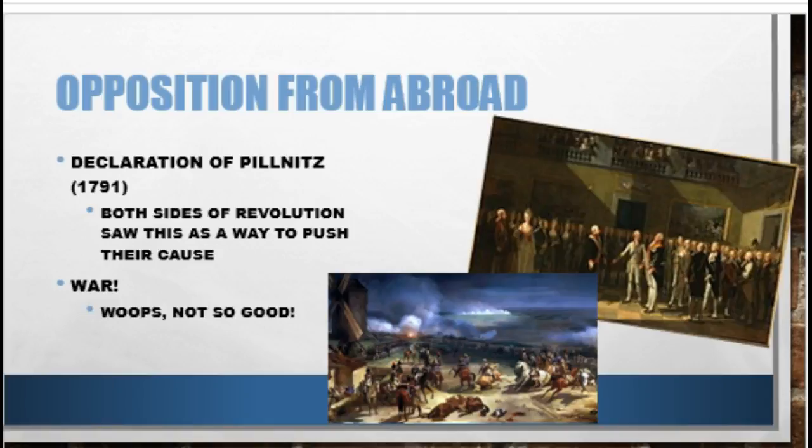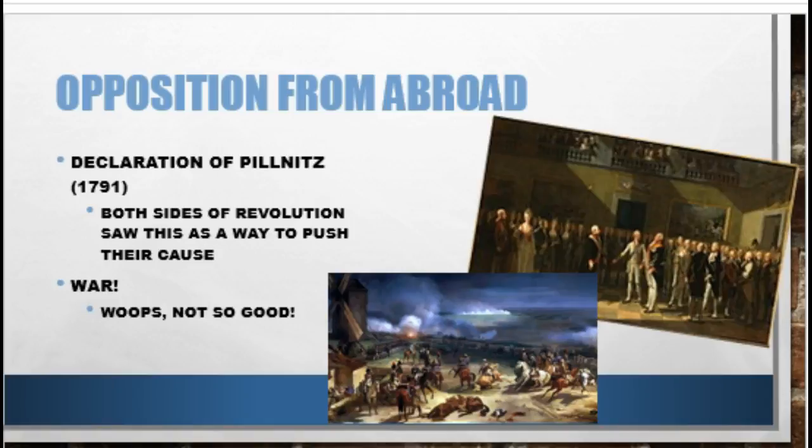However, it was foreign intervention, the opposition from abroad, that plays into the hands of the radicals, and ultimately brought about the doom of Louis XVI. Austria and Prussia issue warnings to France, as the crown and the monarchy is basically prisoner of the Paris mobs.